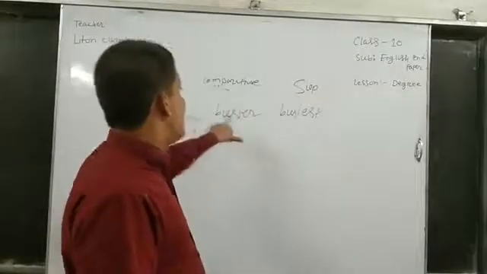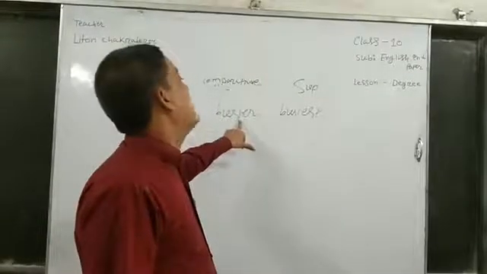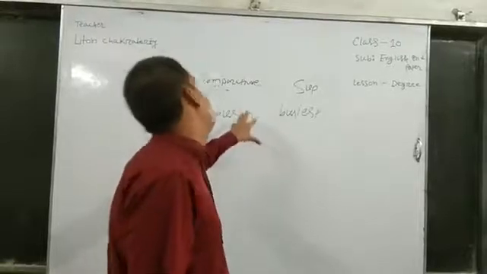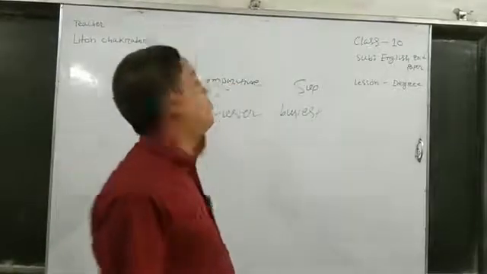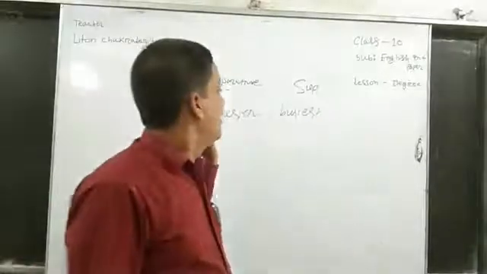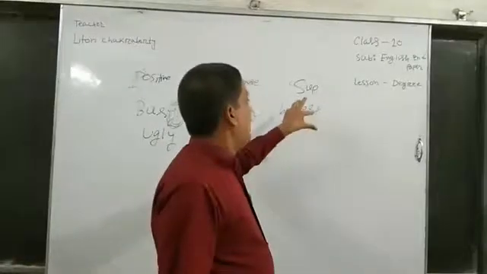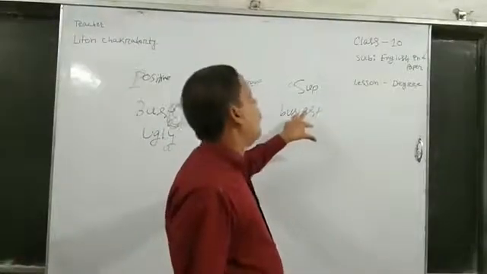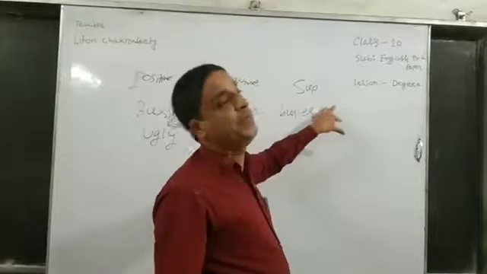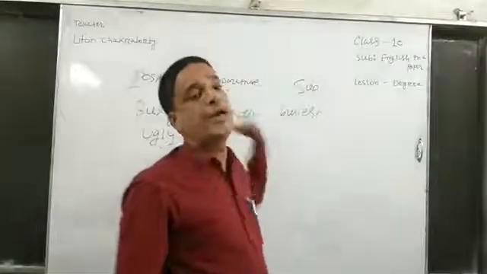Instead of Y, I will use I, then I will add er, then this is comparative. I will use I instead of Y, then est will be added, that will be superlative. This is the rule.